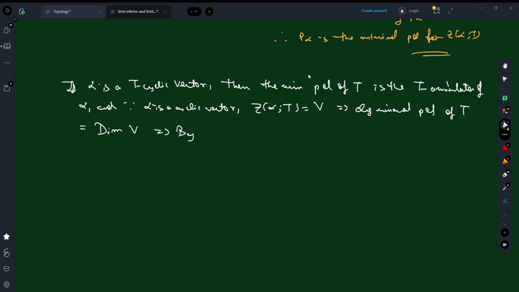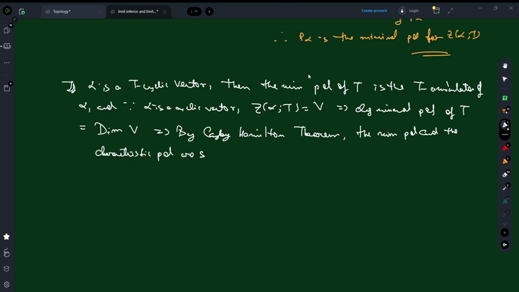Which implies, by the Cayley-Hamilton theorem, that the minimal polynomial and the characteristic polynomial are the same. Therefore, we have already shown that it's not a general consequence for a linear operator to have a cyclic vector.